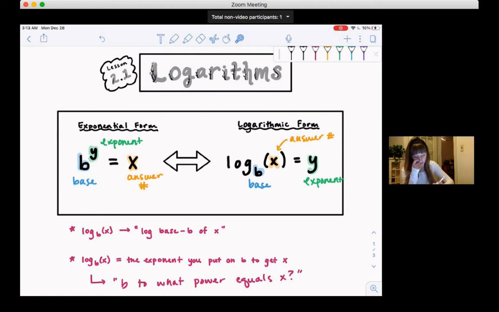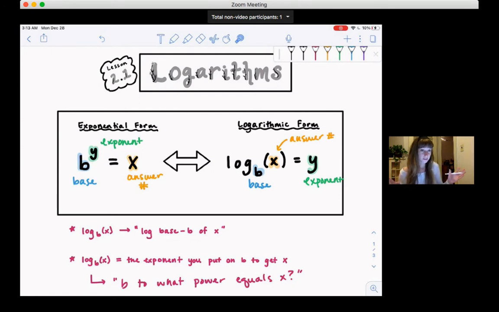On this side, we had the base and we had the exponent, and we were looking for the answer number. On this side, we have the base and the answer number, and we're looking for the exponent. The exponent is what's missing. So we're asking ourselves, b to what exponent, b to what power equals our answer number, x? And that will give you the value of the logarithm.